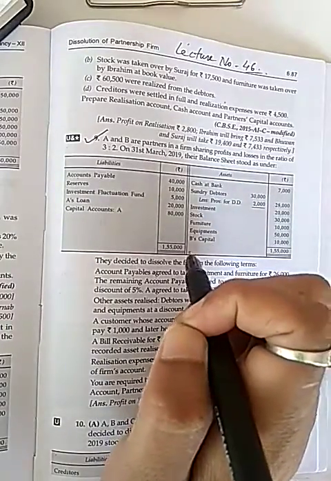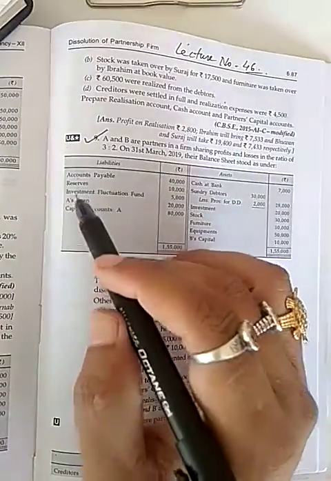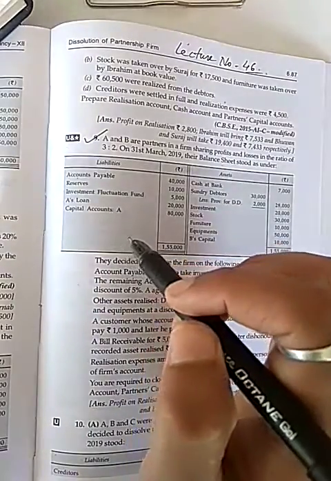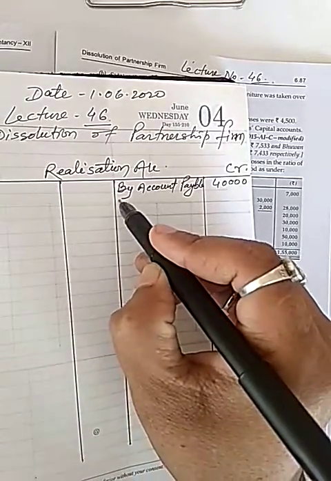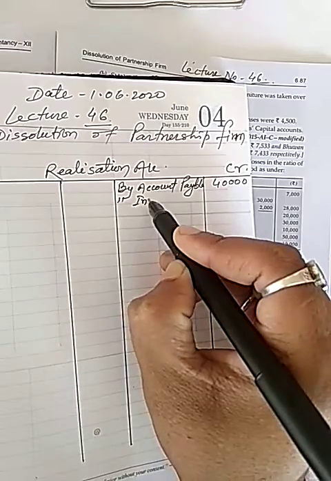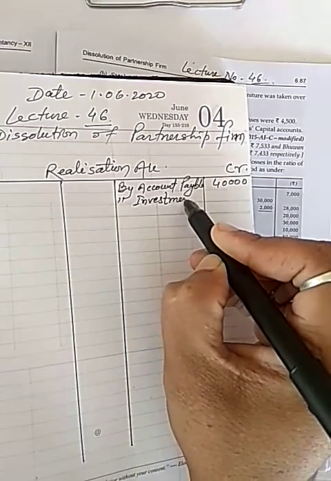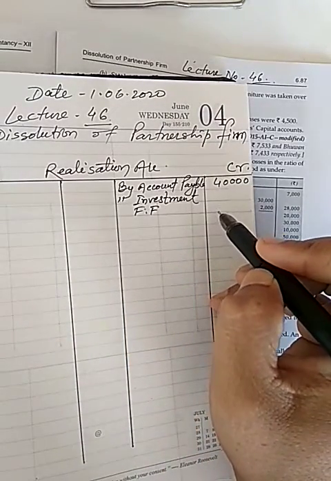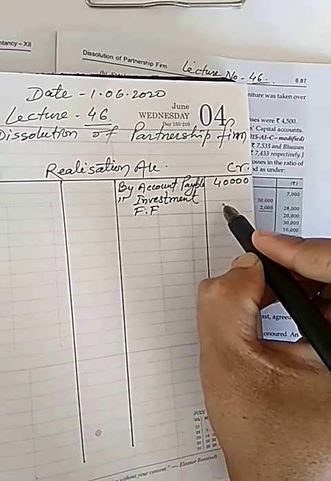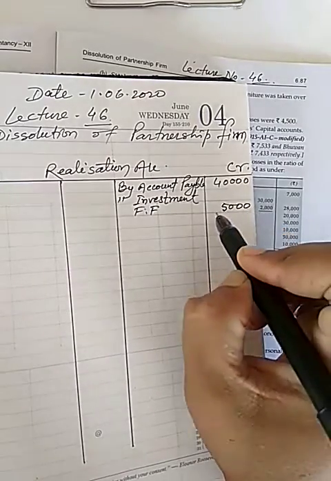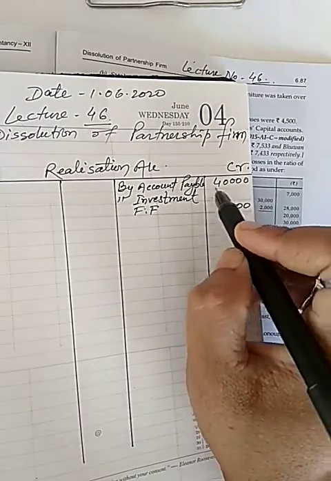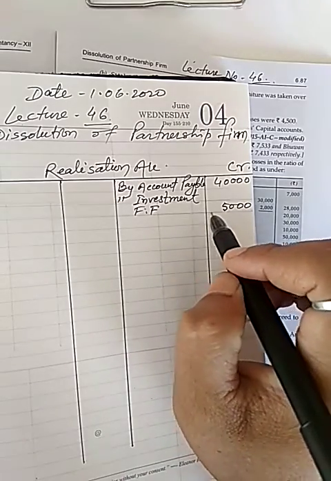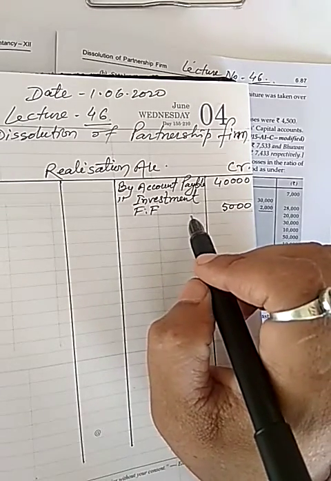So I will put them one by one in the accounts where they will be posted. Second thing, investment fluctuation fund is also given on the liability side, so it will be transferred to the credit side of the realization account, and we do not have to pay the investment fluctuation fund.